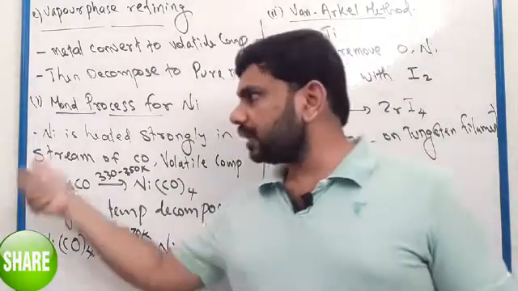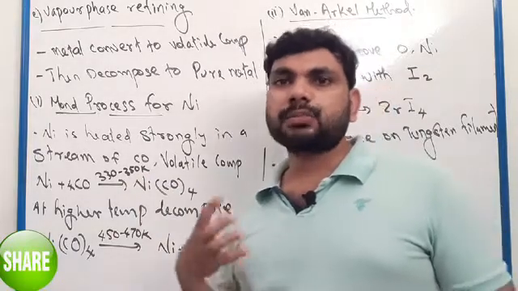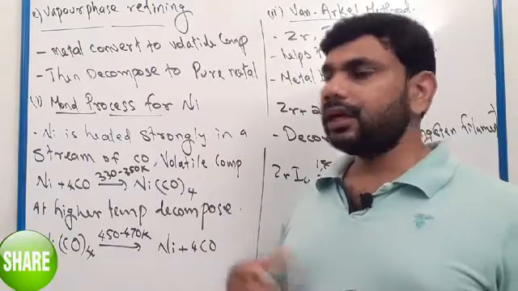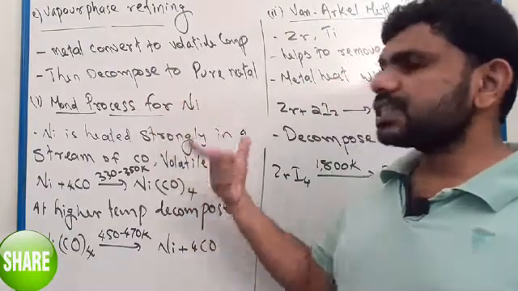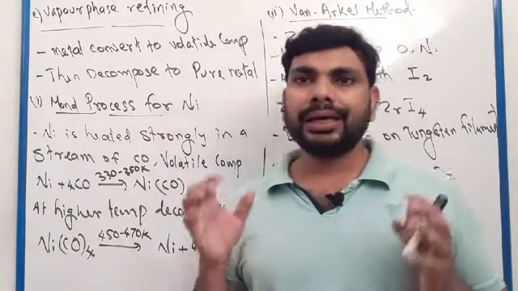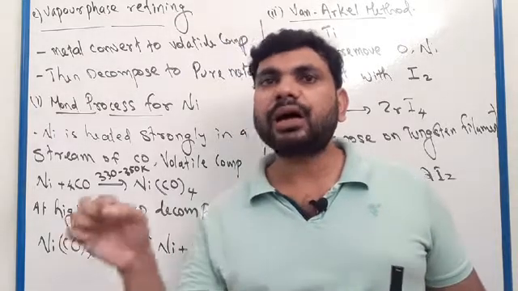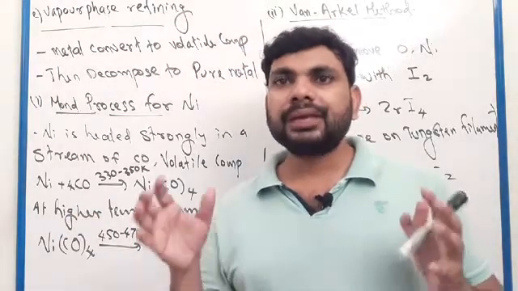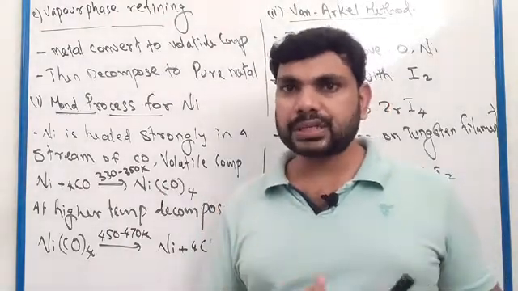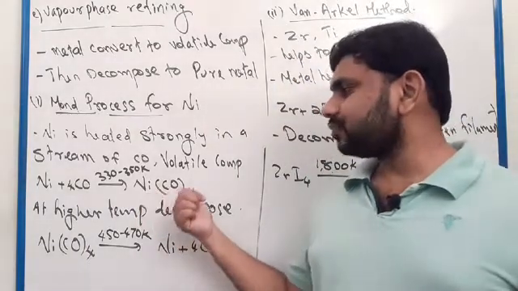So next we can discuss the Mons process. The Mons process is used to purify nickel. In this method, nickel is heated strongly in a stream of carbon monoxide and forms tetracarbonyl nickel.